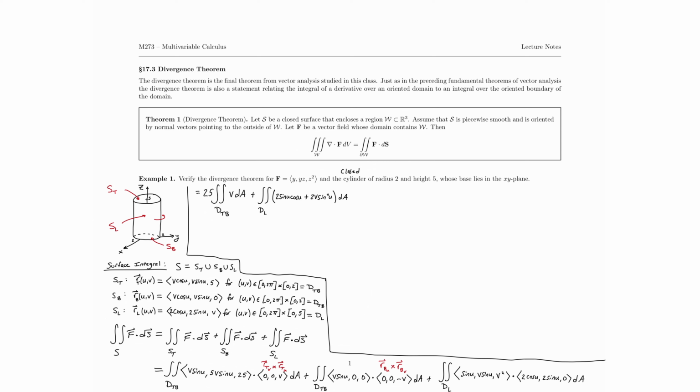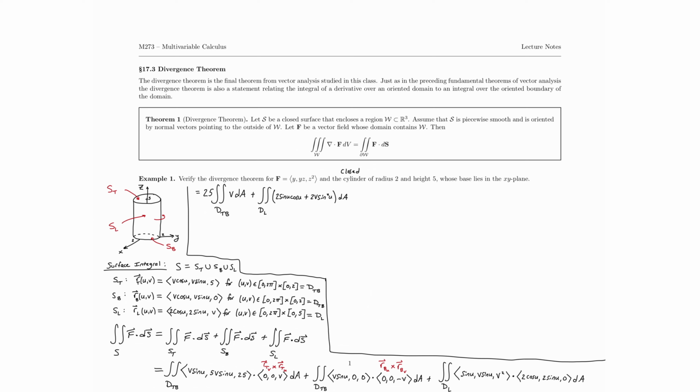Let's double check everything. Looks good so far. One thing really quickly here: I should have a 2 here.